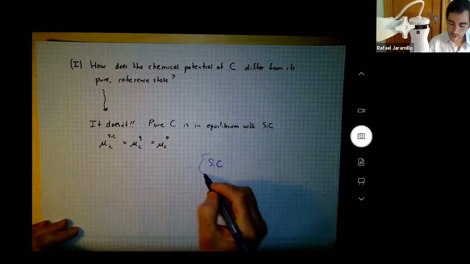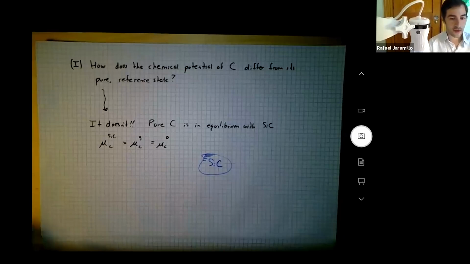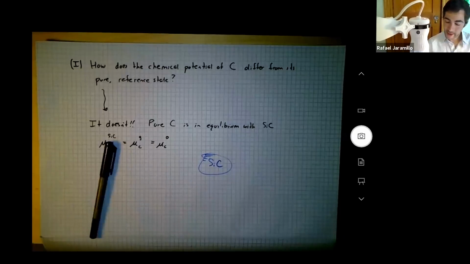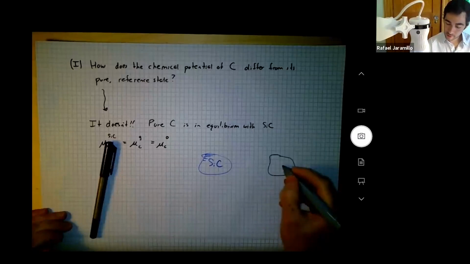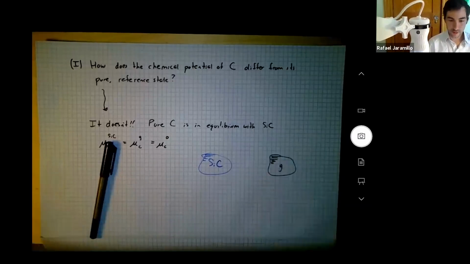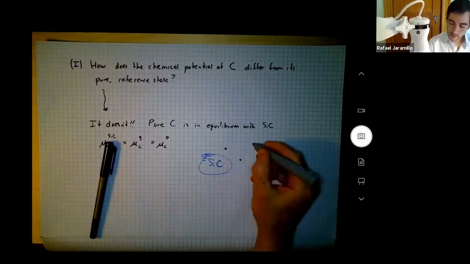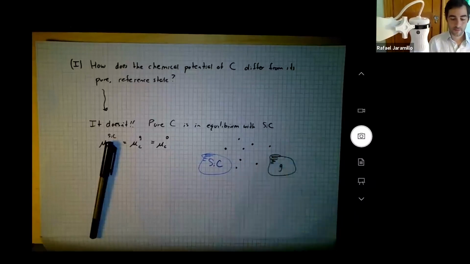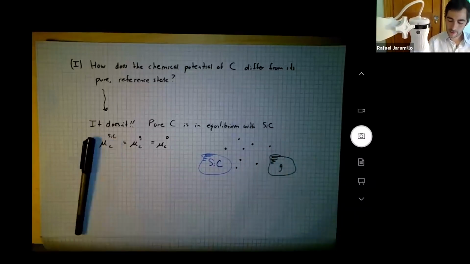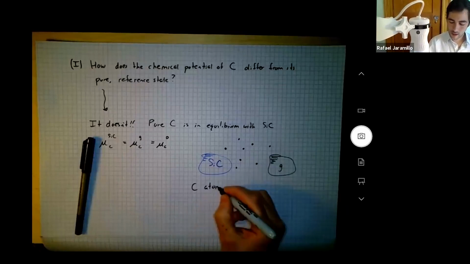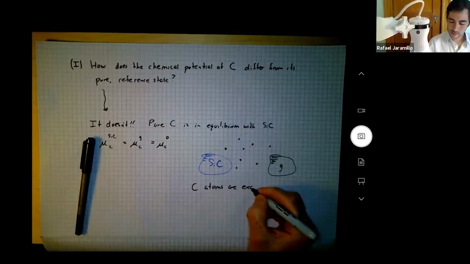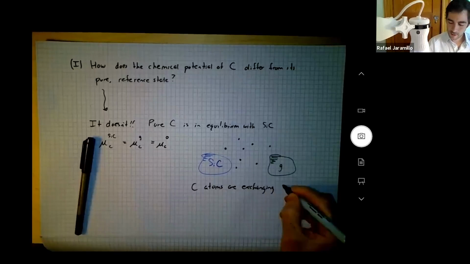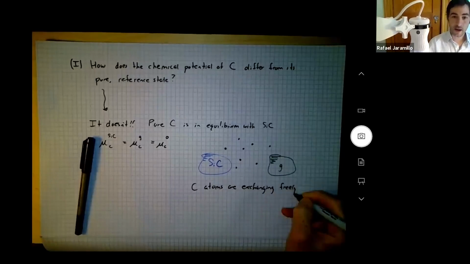And let me remind you why that is. This is the type of thing we've been doing all semester: thinking about the conditions for equilibrium, the criteria for equilibrium, if you like. Here's graphite, there's silicon carbide. Well, there's a gas phase too, right? I'm going to draw some carbon atoms in the gas. The carbon atoms are exchanging freely. That's an unconstrained internal process.